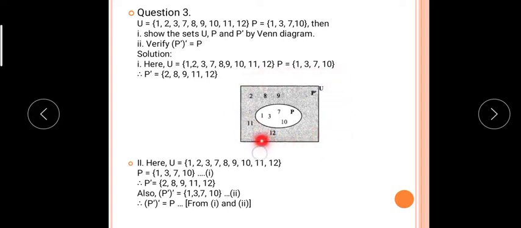Firstly draw the universal set using a rectangle, draw any set with an oval shape, and write the elements of that set. Understood? And this is the double complement. So always remember that the double complement of any set is that set itself.